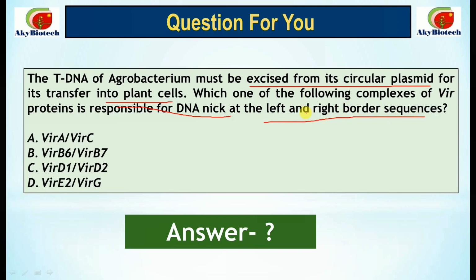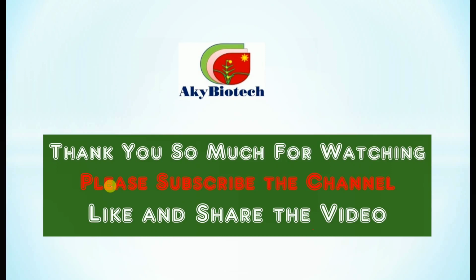You have four options: Vir A, Vir C; Vir B and Vir B7; Vir D1 and Vir D2; Vir E2 and Vir G. Pick the correct option and kindly comment in the comment box.